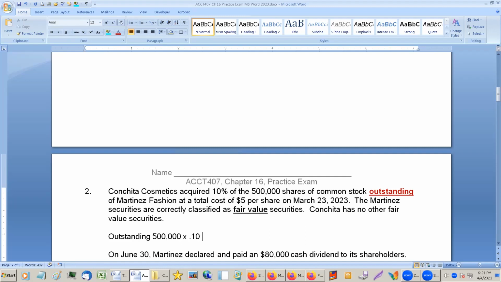About 10% of them, so that would be 50,000 shares, at $5 a share, $50,000.